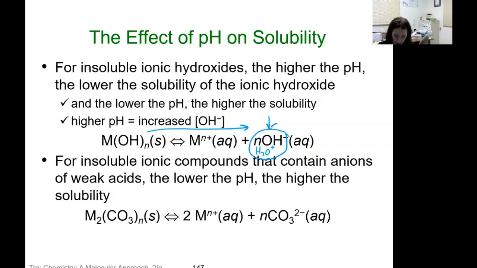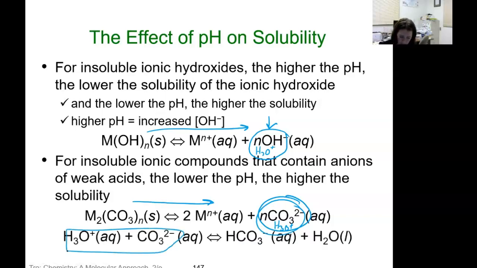Again, here it is right here. If you add H3O+, this is going to react with this, which is going to increase our solubility. And I actually wrote this here. Here's what happens, and it increases our solubility.